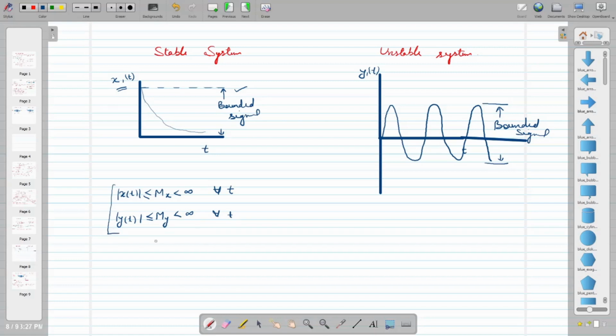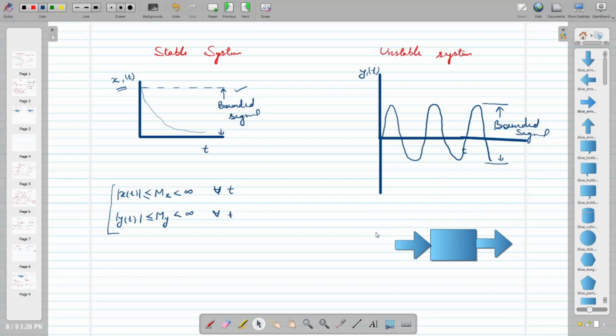So we can now define a system. A system is said to be stable if every bounded input produces a bounded output. Say we have a system that produces a certain output corresponding to a certain input.